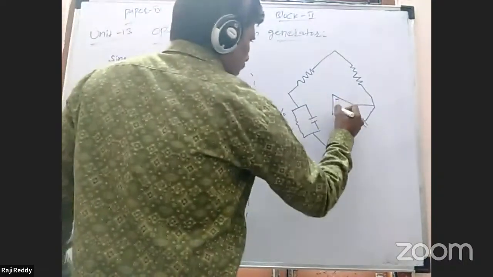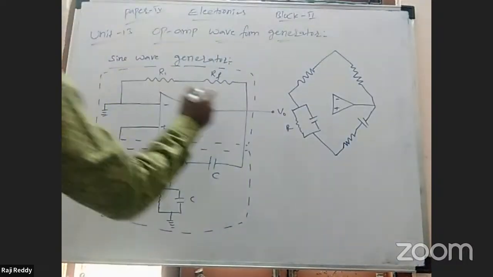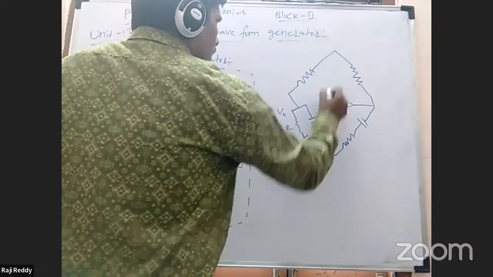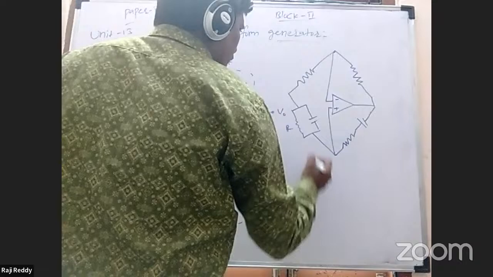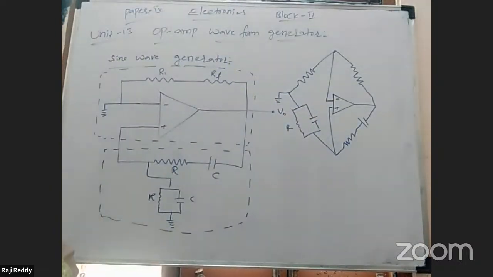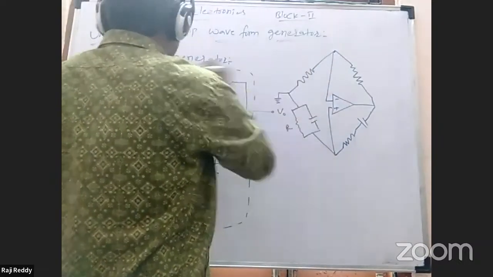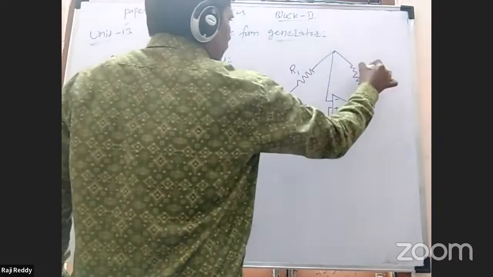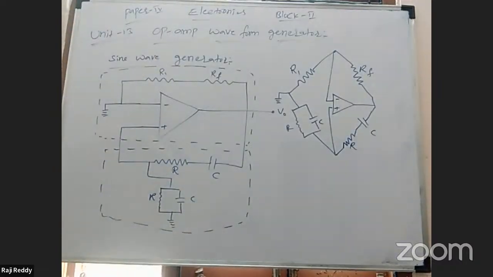One terminal is negative, this is positive, and these terminals are connected to the junctions. One junction here, the other junction here. Again, give the ground connection. Like here P, Q, R, S type. Here first resistor R1, feedback resistance RF, then RC, here also RC. That is the equivalent circuit diagram in the bridge manner.